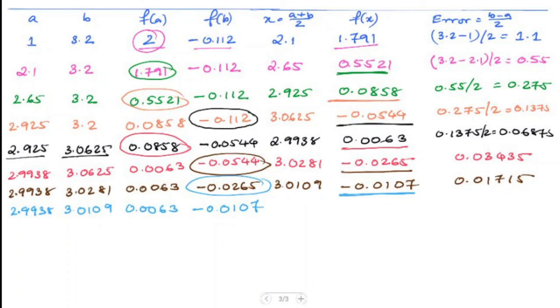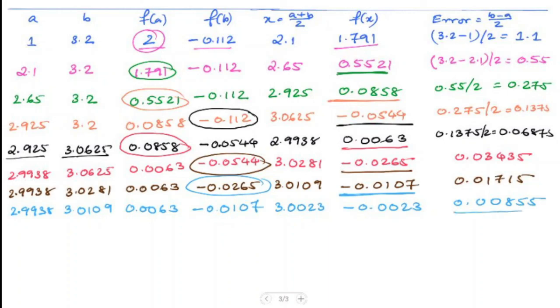and x will now be 3.0023. Okay, and putting that in the function, we'll get the value as minus 0.0023, and the error will be 0.01715 divided by 2, which is 0.00855.